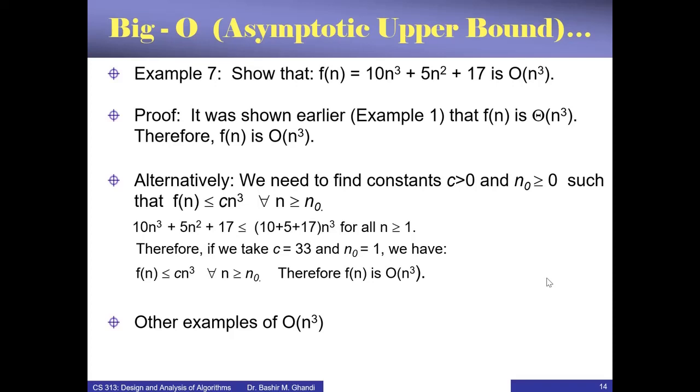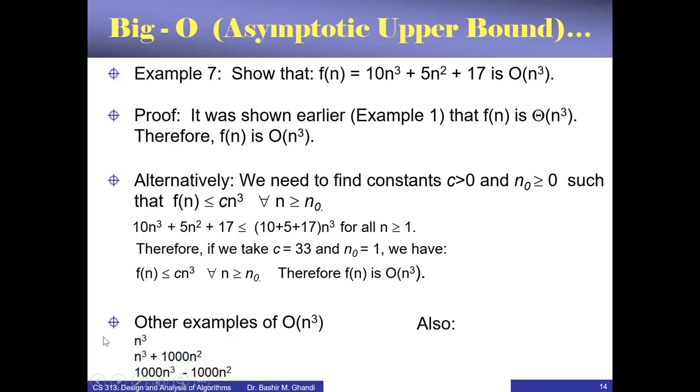Now, here are some other examples of functions Fn that are inside this class of big O of n cubed, just to show you how it differs from theta of n cubed. Obviously, these first three are also theta of n cubed, so there isn't much difference here. We are only ignoring the lower terms and also the coefficient of n cubed.